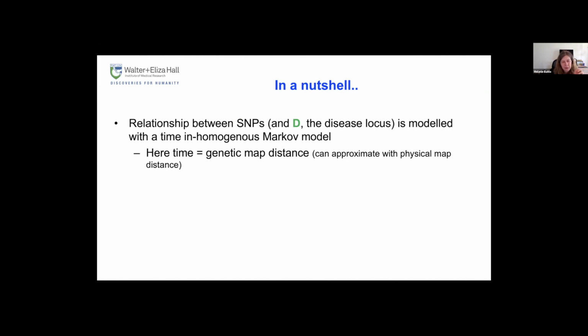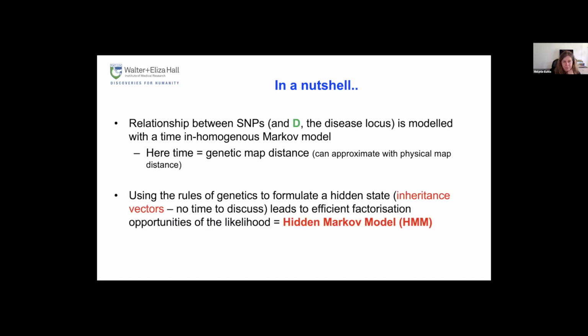What we actually use here to describe the recombination process is the genetic map distance. And that is something that has to be empirically estimated, but is now available for humans and many other species. But you can also roughly approximate it with physical map distance if you have a genome reference for your critter of interest. So you can do this in any species that recombines effectively.